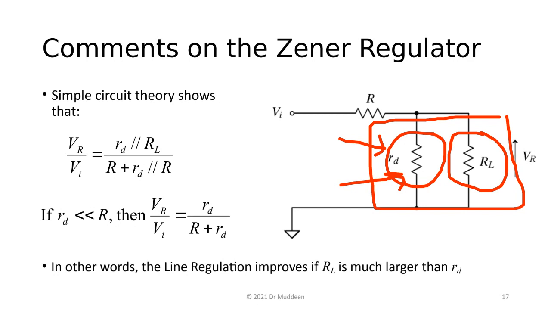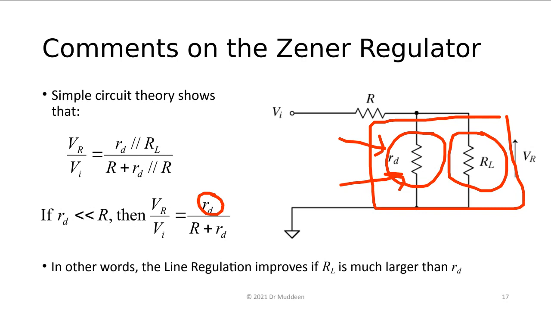Normal voltage divider behavior, except that these two resistors are in parallel. We know RD is small. We know RD typically is going to be much less than your load. So if that is the case, then VR over Vin depends on this value of RD here.